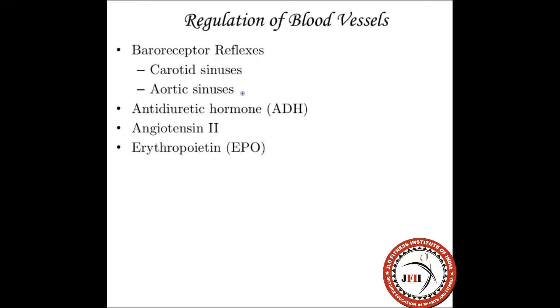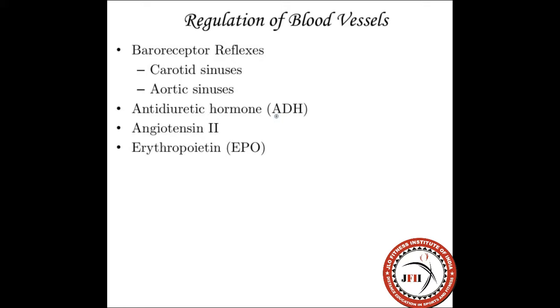That communicates with your brain, and depending on what's going on, what the needs are, those signals can stimulate some manipulation of your blood pressure. For instance, antidiuretic hormone, ADH, is one of those hormones that's going to keep water in your body so that you're not making as much urine, you're not urinating as much.